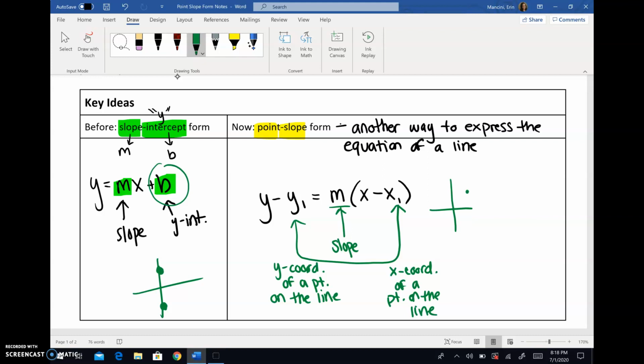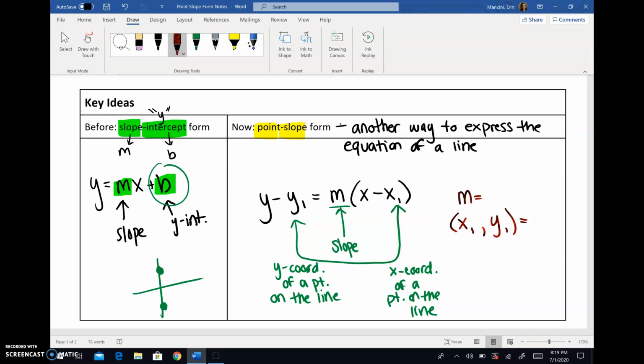So I could plot this and then rise and run from there and still get the line without having the y-intercept specifically. So you're going to find your slope and a point, and your point will be x comma y, but we called them x1 and y1.